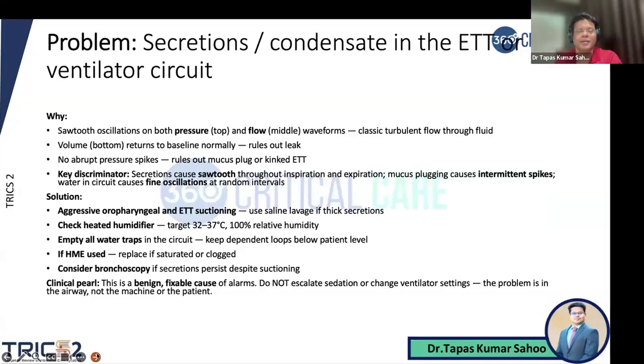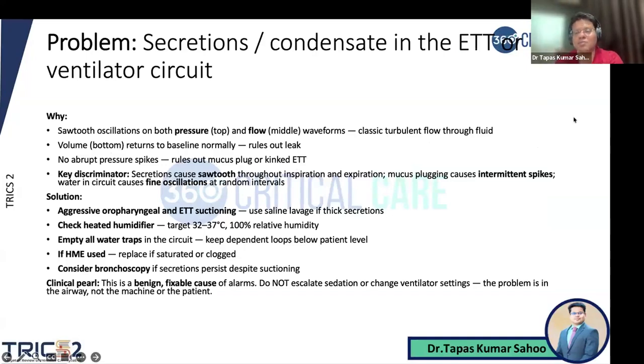And this is classic turbulent flow through fluid. And volume returns to baseline, so that rules out leak. No abrupt pressure spike, that rules out mucous plug or kinked ET tube. And the key discriminator between mucous plugging and leak is the sawtooth throughout inspiration and expiration. That is the key discriminator.